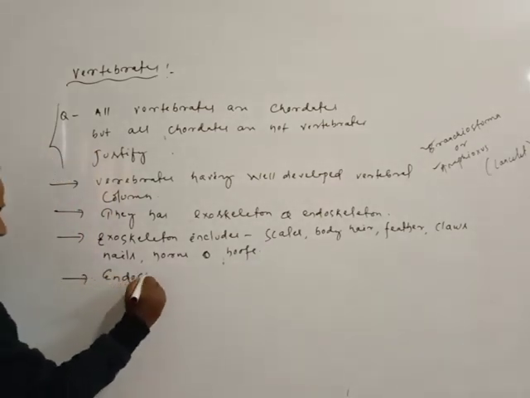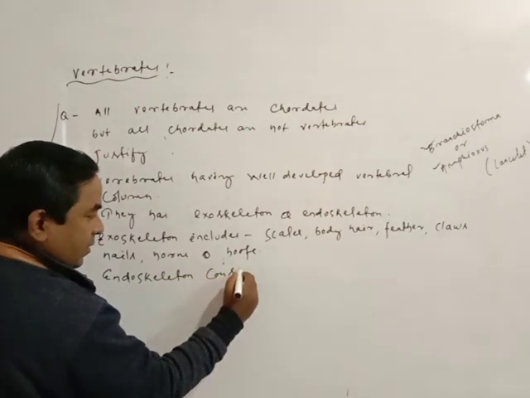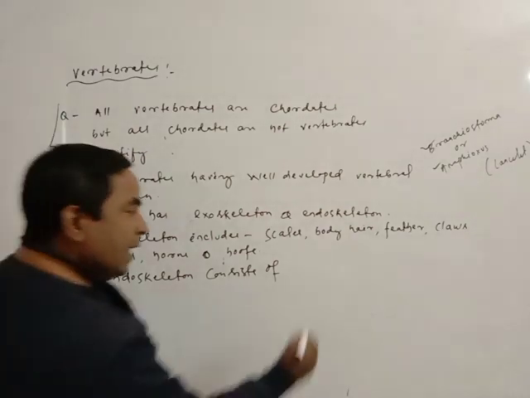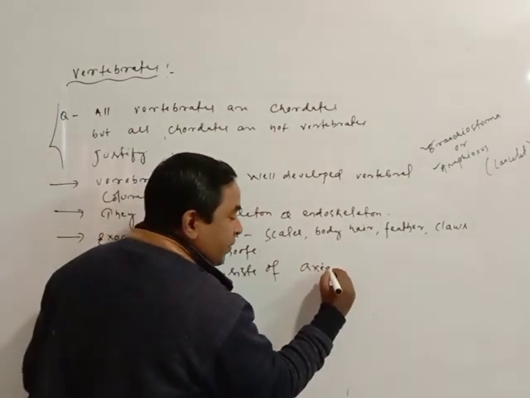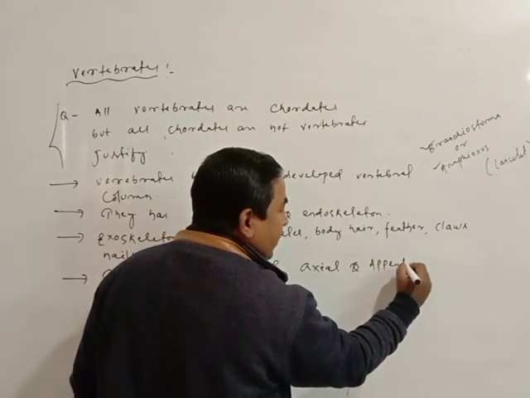Endoskeleton consists of, very important, axial and appendicular skeleton.